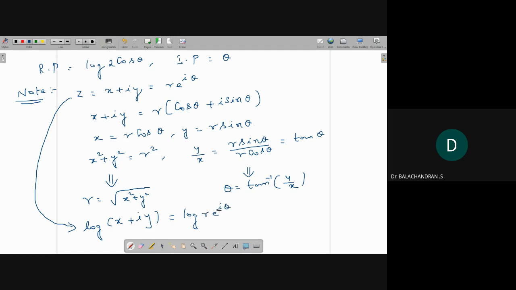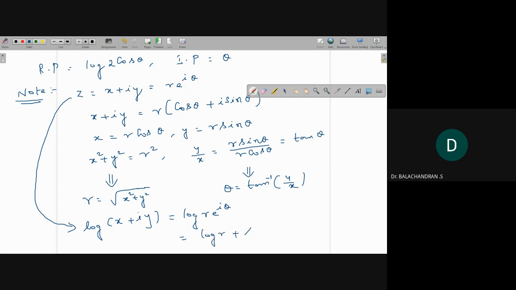Now this is log a into b, so you can write this is log a plus log e power i theta. So this is equal to log r plus log e power i theta, and since log and exponential are inverse of each other, you can write this is log r plus i theta.